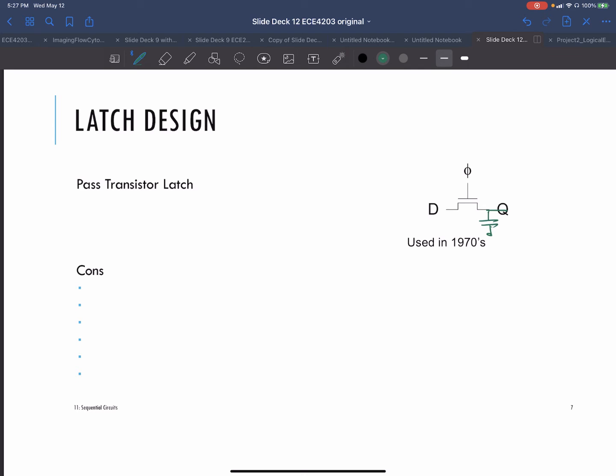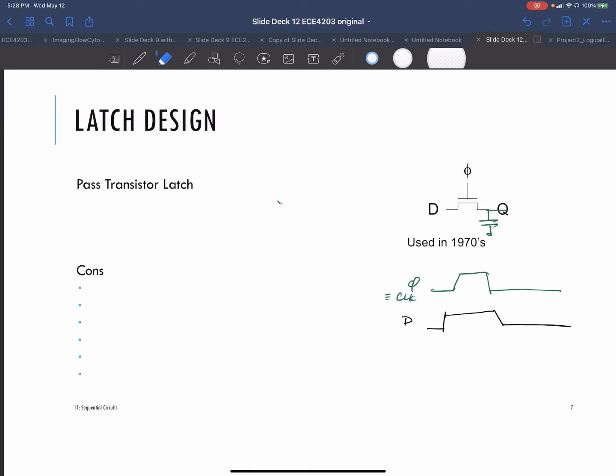So let's say here's the clock, which is sometimes referred to as phi. And let's say it's doing this. And let's say the data input D does something like that.